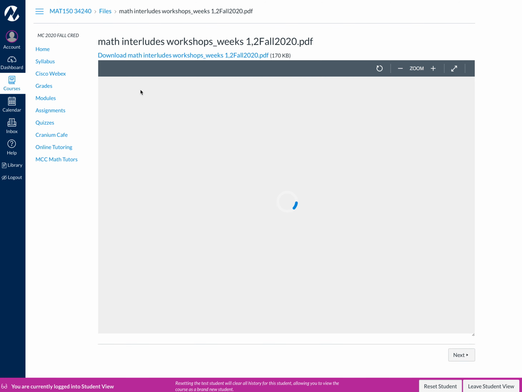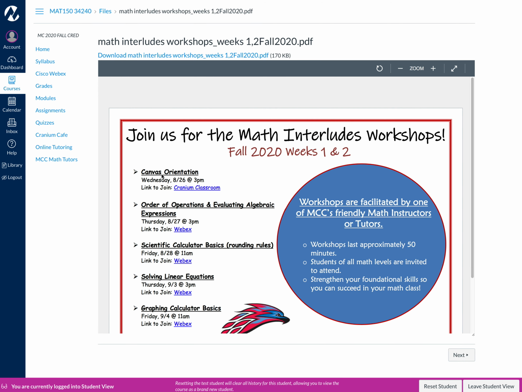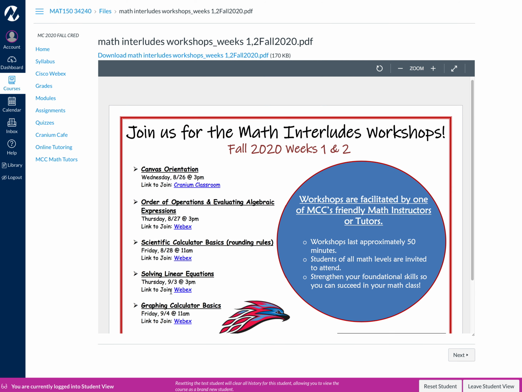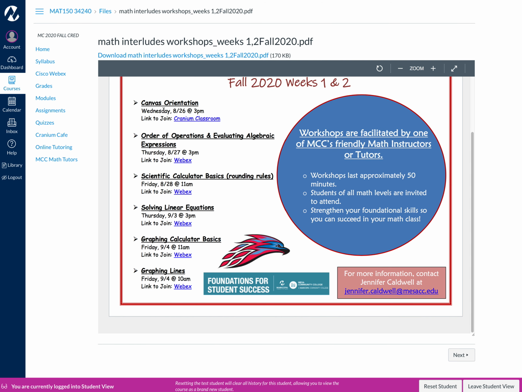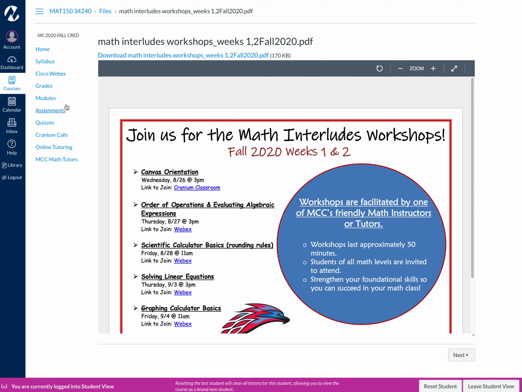And these are the topics for the first series of interludes: Canvas orientation, order of operations, scientific calculator basics. Here's graphing calculator basics, solving linear equations, graphing of lines. And then there's a link to the room where it's going to be held, and of course, this tells you when it's going to be held.